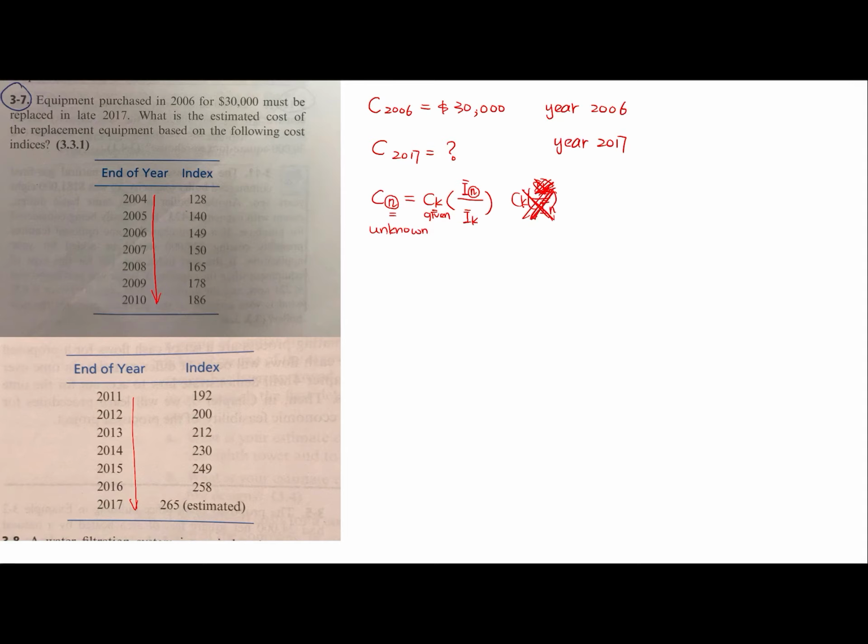To solve this problem, you want to know C 2017, right? And you are given C 2006. So the two indices you want to use are, for the unknown year 2017, the index, and for the given price, when the price is known, the year 2006, the index.